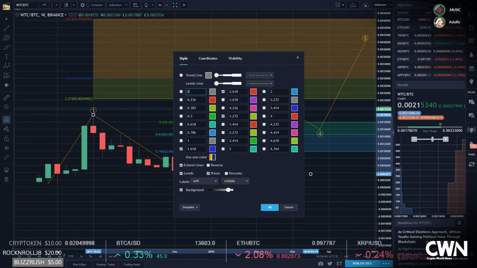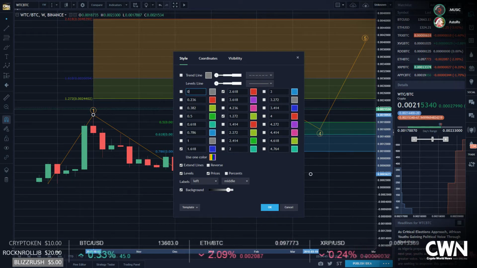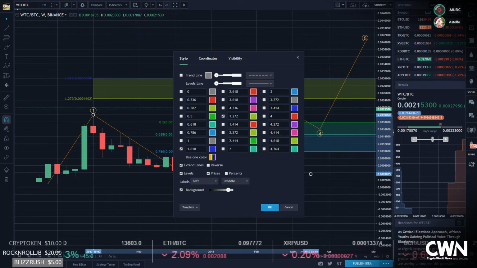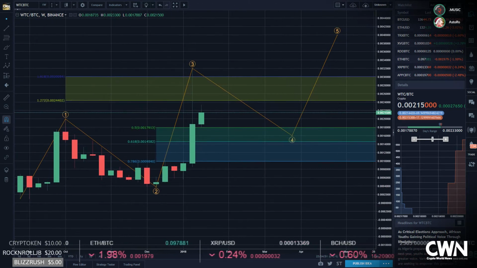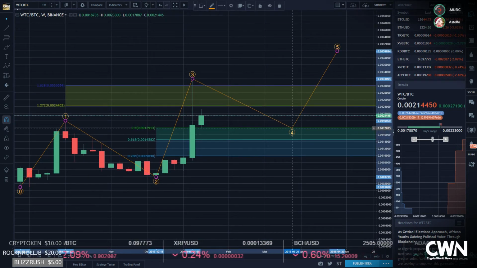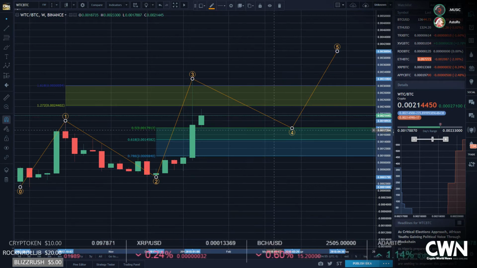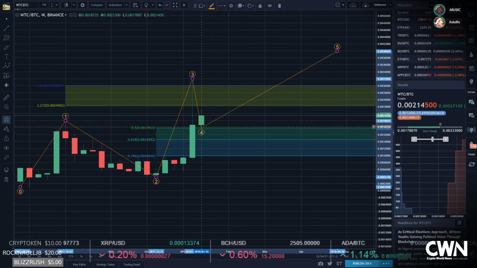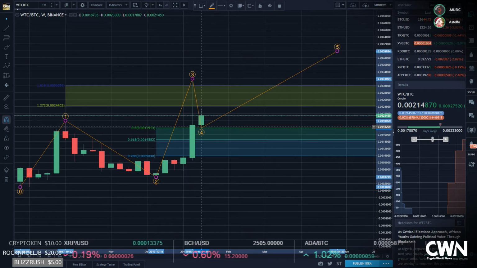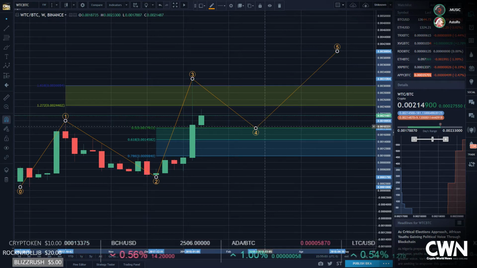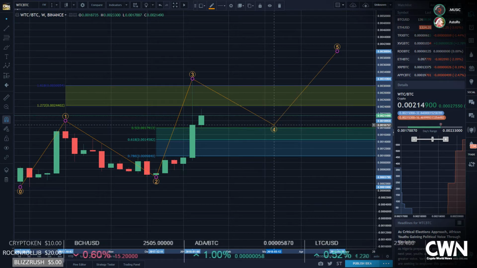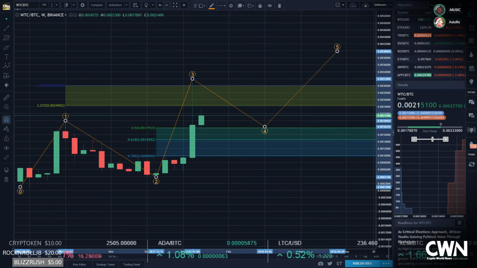Looks like it topped just over that 1.618 extension. Maybe this only pulls 50% retracement here. Looks like it already hit it. Now it's bouncing. So wave primary 4 could be over. Either way, I like this market a lot for the long term.